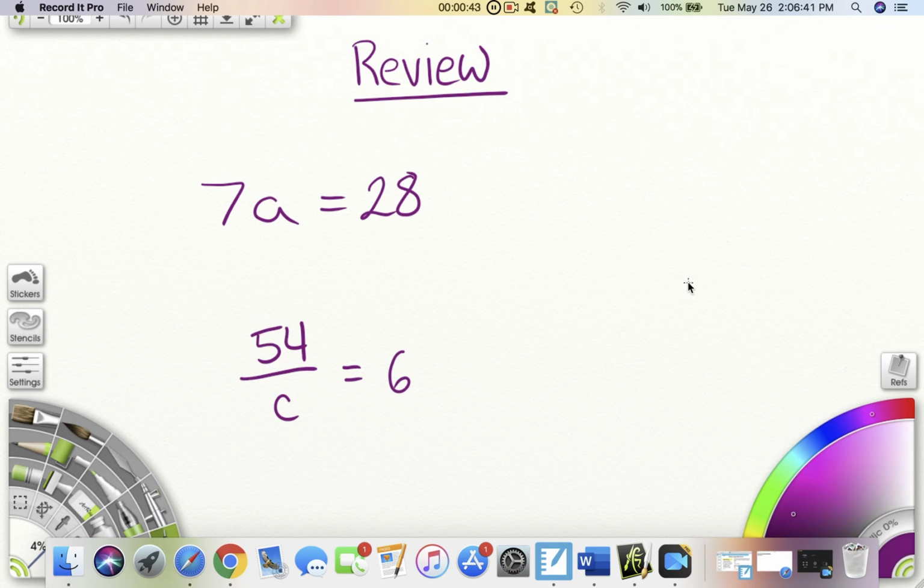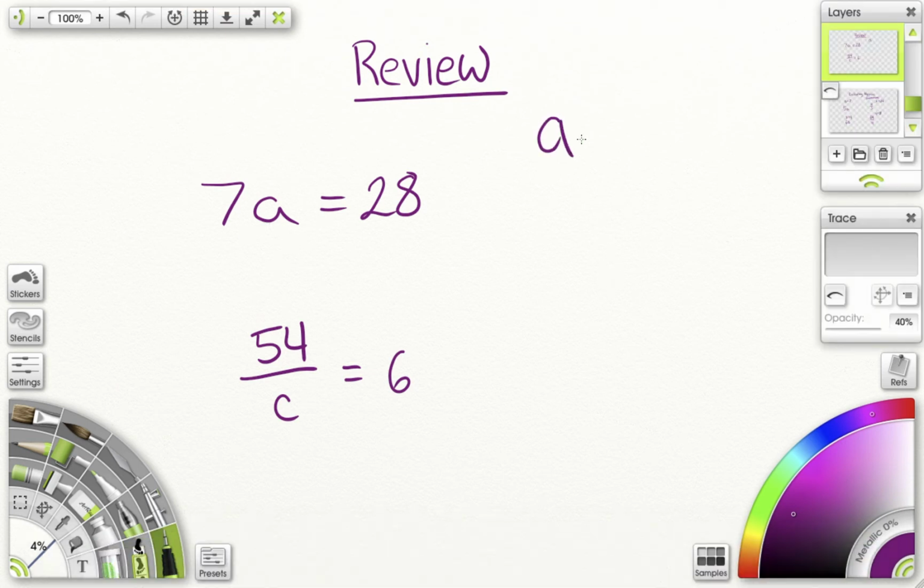In our review, we're always trying to figure out what this letter of a problem represents. So the letter A, what does A equal? We need to figure that one out. Last time we were doing multiplication and division. When it comes to multiplication, you always do the opposite operation, which is division, to figure out the answer.